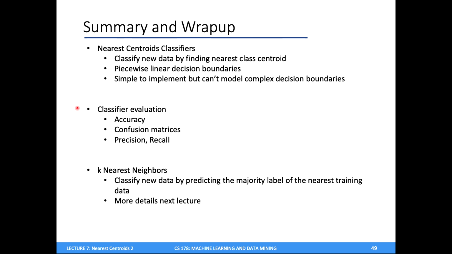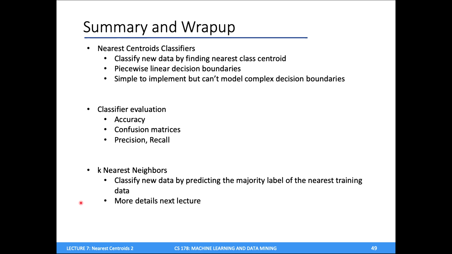We also looked at a few methods for classifier evaluation. So we looked at accuracy, which is again this fairly simple, fairly coarse method for evaluation. We discussed how to compute confusion matrices, which give us a finer-grained look at the errors our model is making. And then lastly, we talked about precision and recall, which are numbers that we can compute from our confusion matrix that give us quantitative measures of model performance.